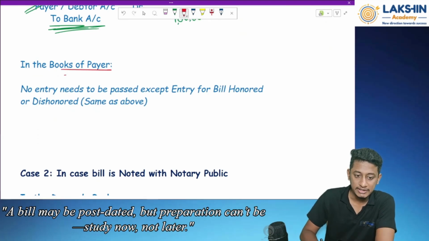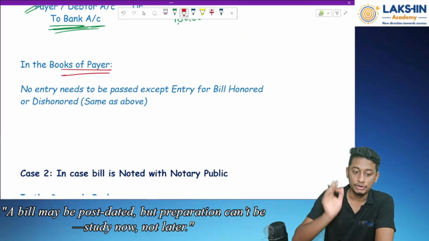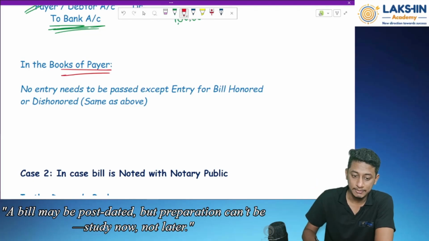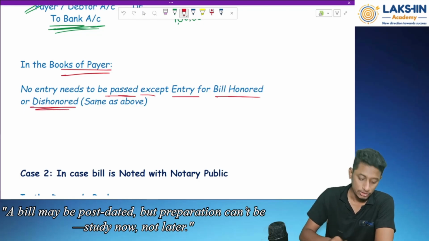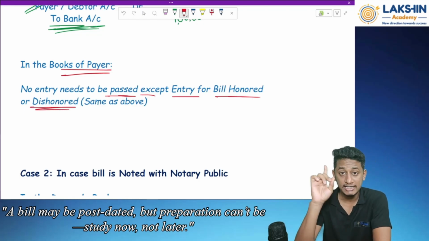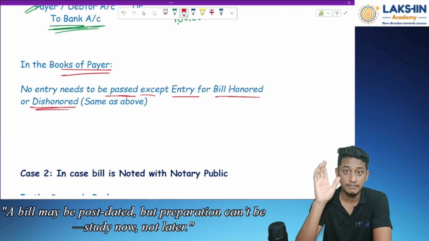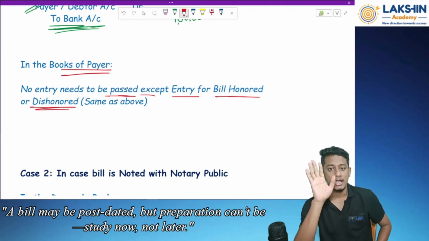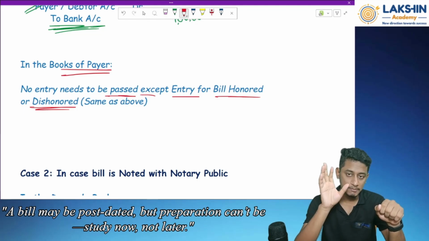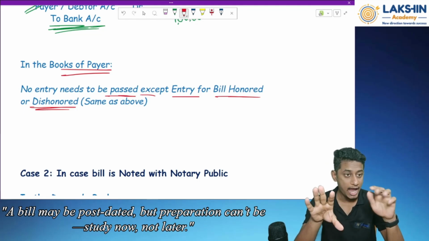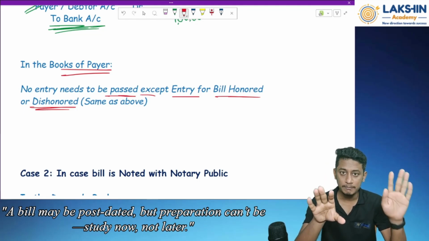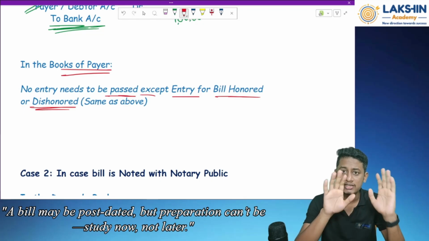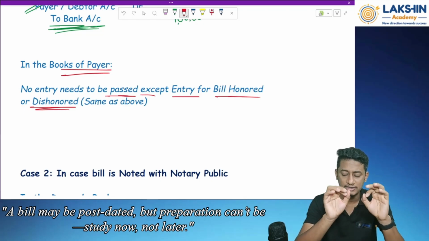So in Mr. B's books, what will happen? No entry needs to be passed except for the entry for the bill honored or dishonored. See, whatever entries we have seen in the first case where the bill was created, honored and dishonored. The discounting transaction is done between whom and whom? Mr. A and the bank. Is Mr. B concerned with any of this?